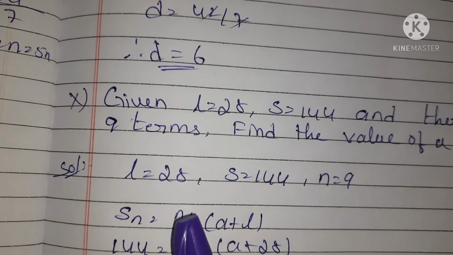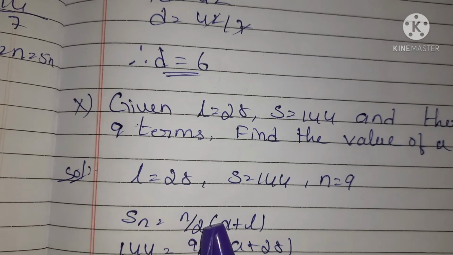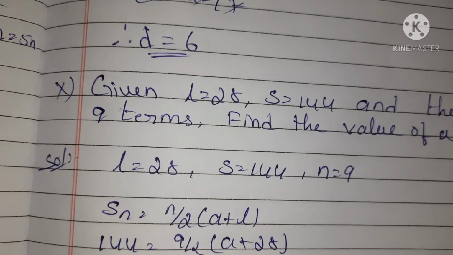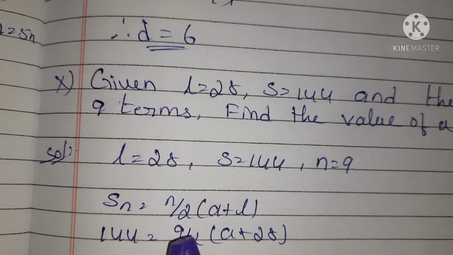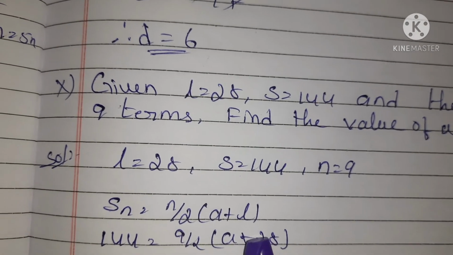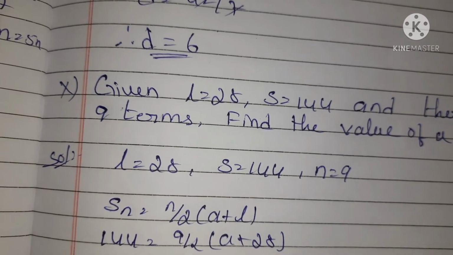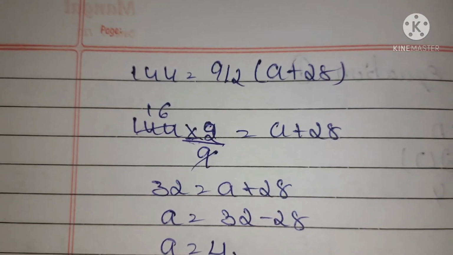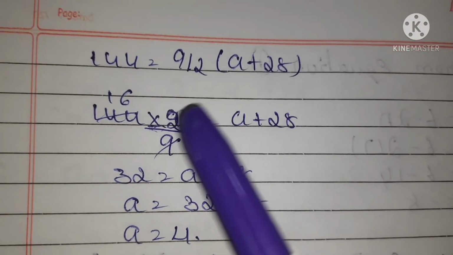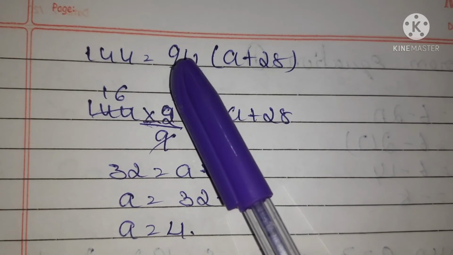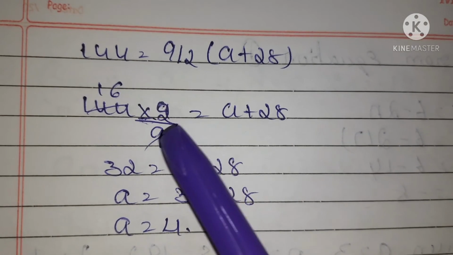Now Sn is equal to N by 2 into A plus L. Sn value is 144 is equal to N value is 9. 9 by 2 into A plus L value is 28. 144 is equal to 9 by 2 into A plus 28. This 9 by 2 comes to this side, it will be reciprocal.